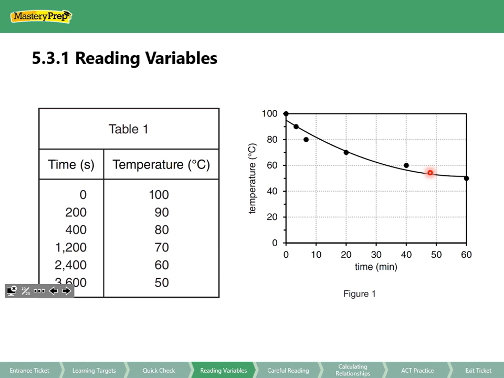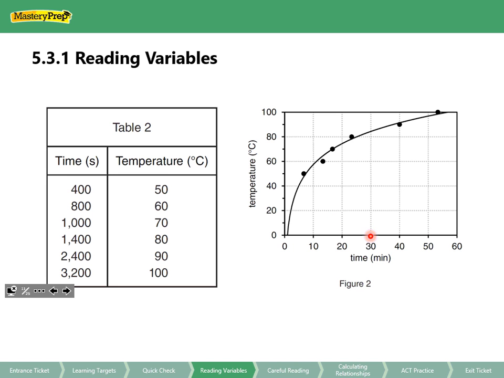Now, we get something similar. Is there a trend in how the points on the graph go? Where are they going? Down. So they would be decreasing. Now, they're not decreasing at a constant pace, but they are decreasing from one to the next, yes? So the average change would be decreasing. And we can see that in both the table, because as the time passes, the temperature is decreasing.